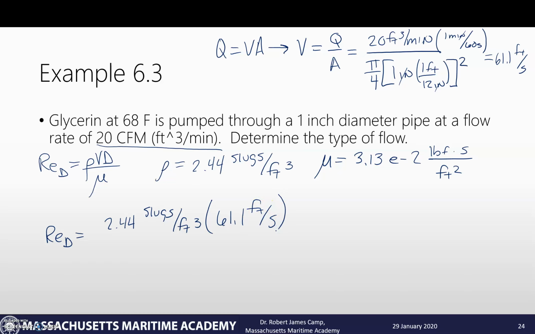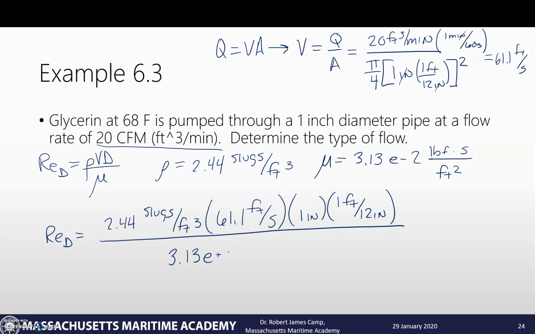And then our diameter. So that's our 1-inch diameter. And then 1 foot is 12 inches. We go to the bottom here, and what do we have is 3.13 times 10 to the negative 2 pound-force second per foot squared. Okay, now we go and we look, how do the units work out?